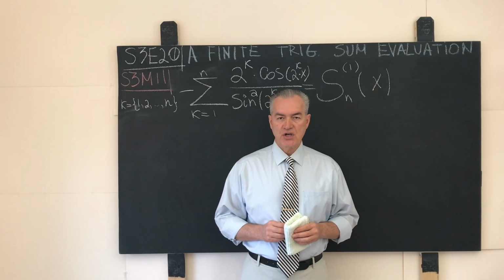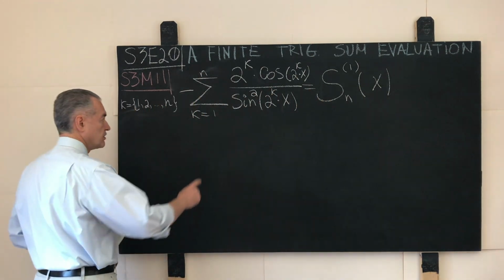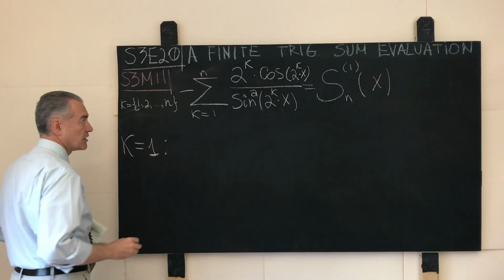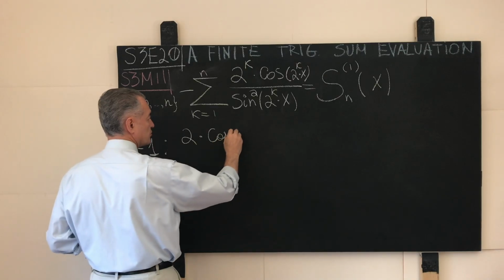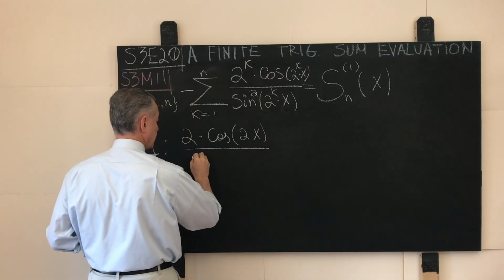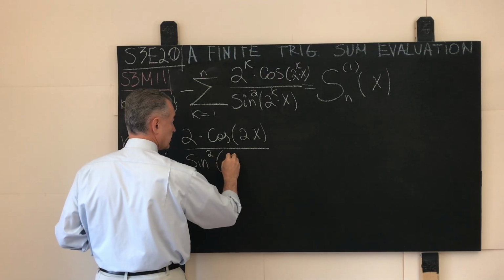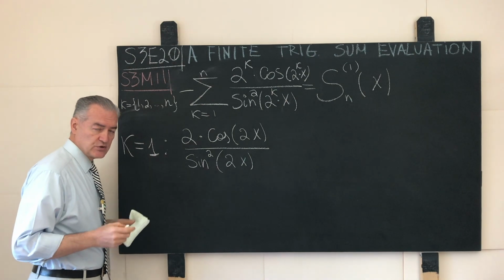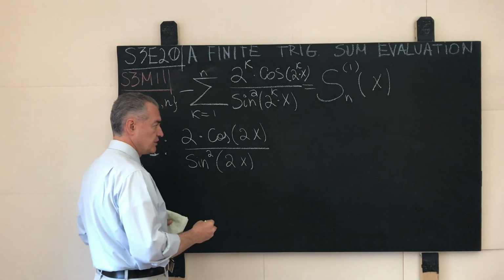Taking a closer look at the structure of the common term of the differentiated sum, we observe that when the value of the summation index k is equal to 1, then that structure becomes the following: 2 times the value of the trigonometric function of cosine evaluated at the argument 2x, divided by the value of the trigonometric function of sine squared evaluated at the argument 2x as well. What do we do over here? Well, here we do the maneuver that is usually carried out in integration when we want to reduce the power of the trigonometric function.